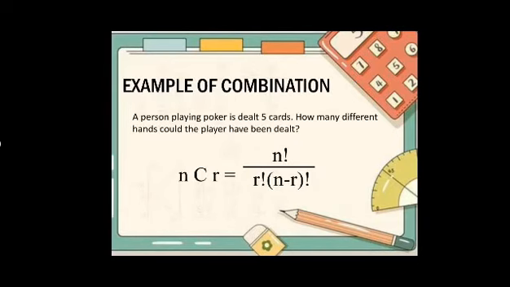Example of combination: a person playing poker is dealt 5 cards. How many different hands could the player have been dealt? The formula that we're going to use is nCr is equal to n factorial over r factorial times n minus r factorial.